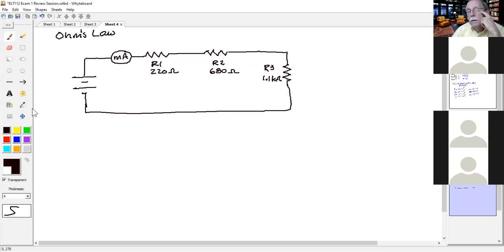And let's say this is 10 volts. And let's say we have a voltmeter over here.